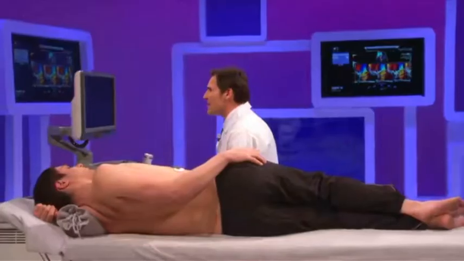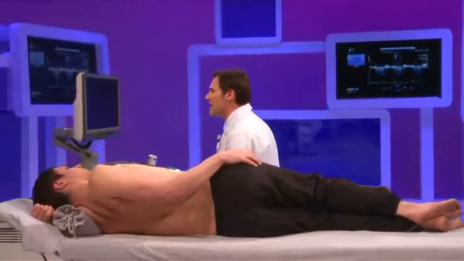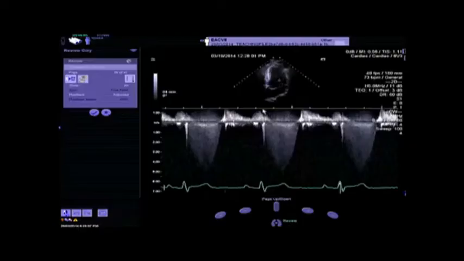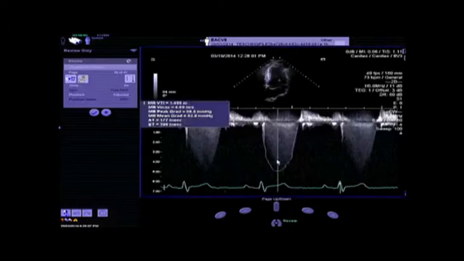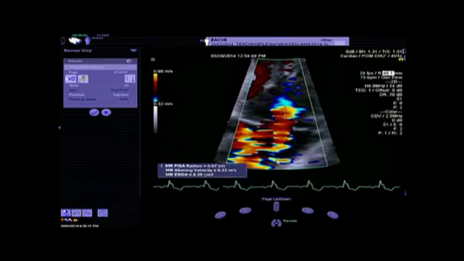So for the next measurement to quantitate the regurgitation, you need to record the regurgitant jet using continuous wave Doppler, and you need to measure the peak velocity and the time velocity integral. And with this method, the machine automatically will provide the measurement of the effective regurgitant orifice, which is 38 millimeters squared.